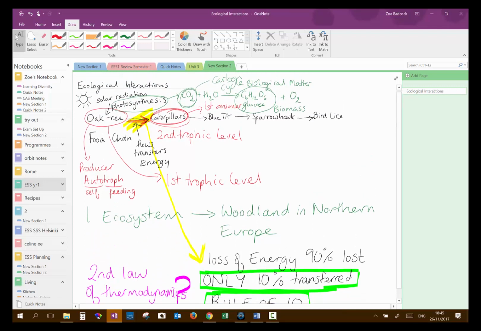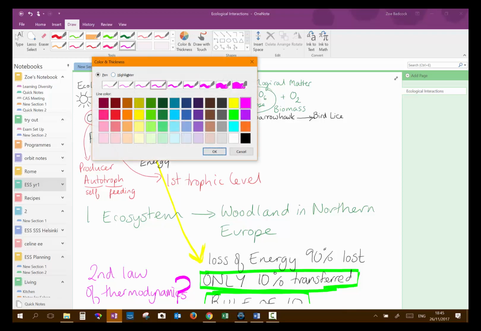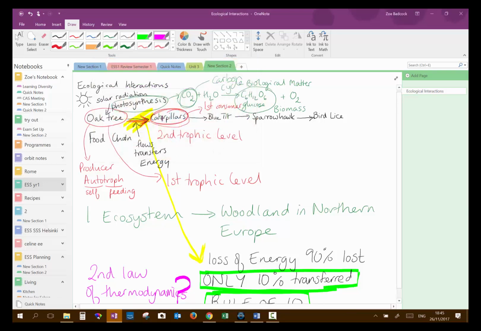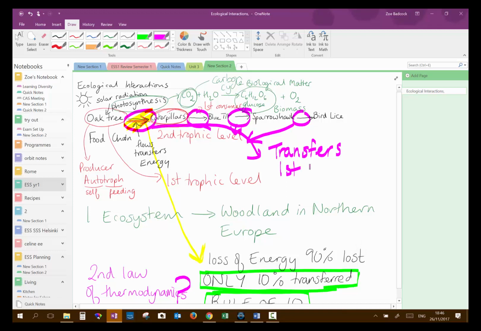Now maybe it's a good point to remind ourselves that this transfer of energy, this point here, this one here, and this one, and this one, and this one, these transfers are all representing the first law of thermodynamics.